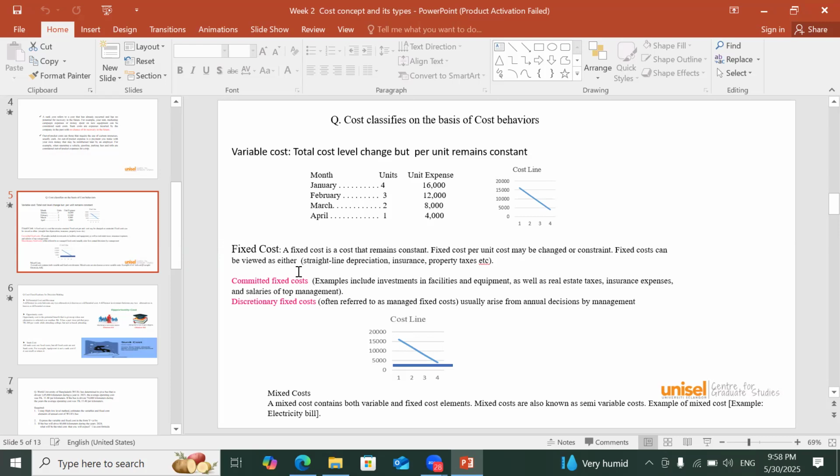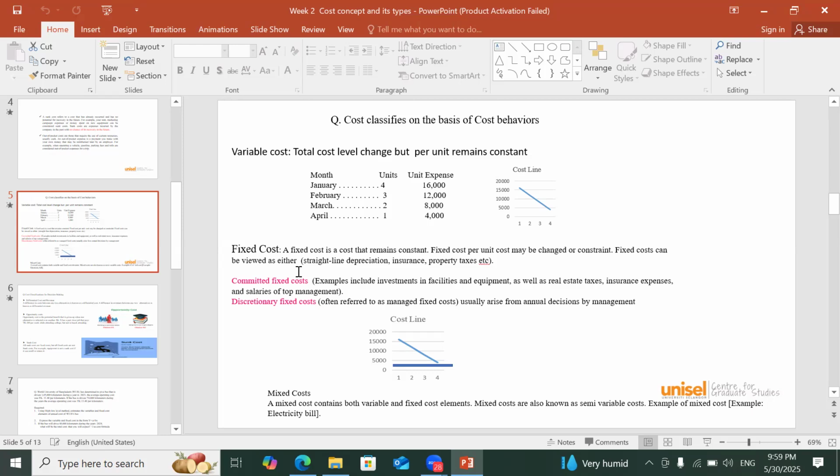Say, for example, you hire a room, you will pay 20,000 every month. If only one person lives there, you will pay 20,000. Again, you hire another person. Now there are 2 persons, but you will pay the room rent of 20,000.